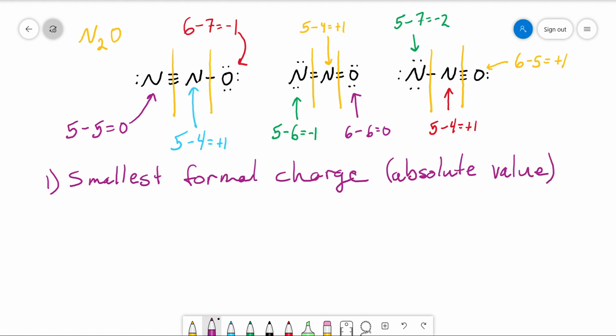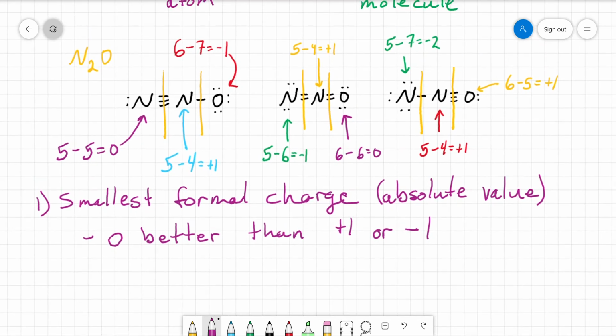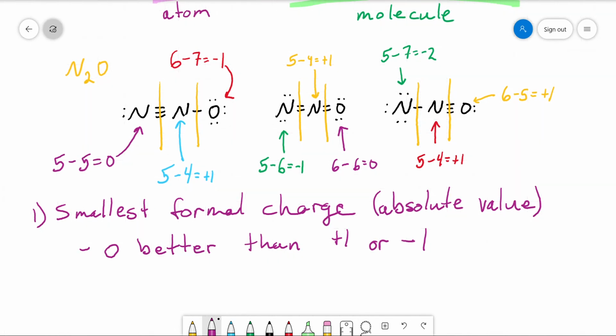So one way to say that would be 0 is better than plus 1 or negative 1. Okay, and then 1 is better than 2. So let's just take a look at that and see if we can rule anything out right off the bat.